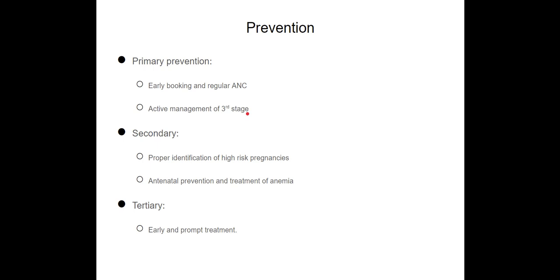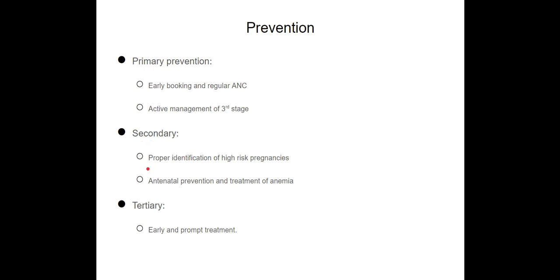Then during the third stage of labor, manage the third stage actively using the three components that I mentioned before. The first one is administration of the uterotonic after delivery of the anterior shoulder. Second one is early cord clamping. And the third one is the use of controlled cord traction.